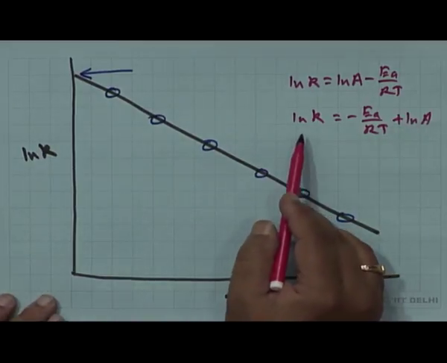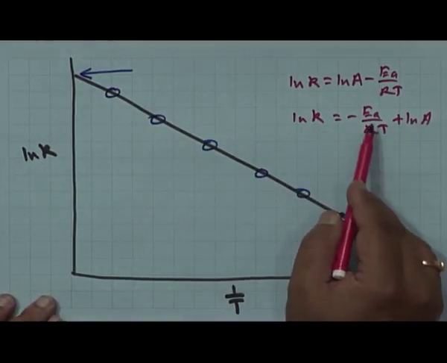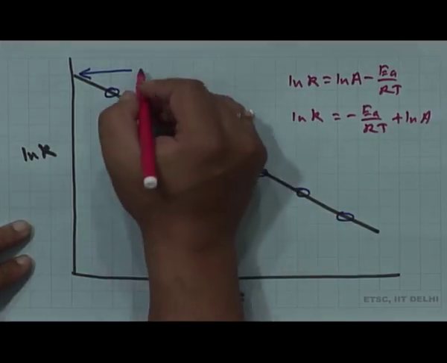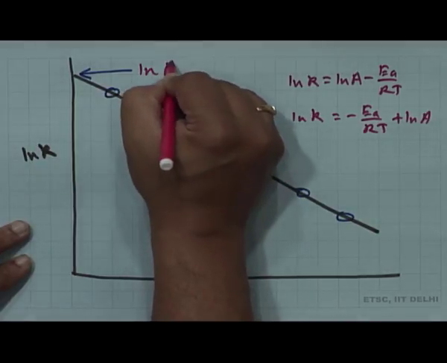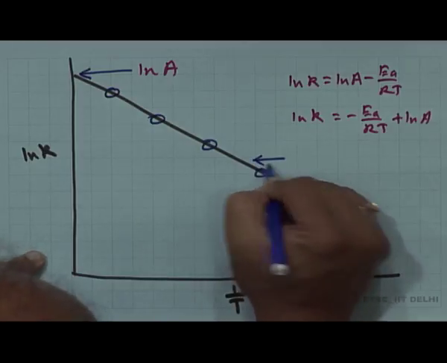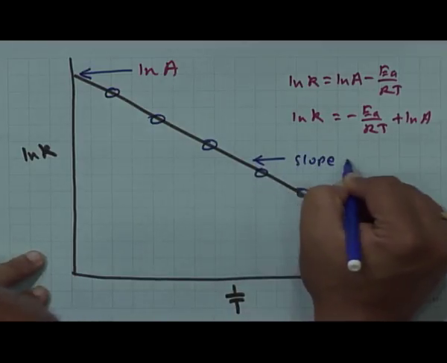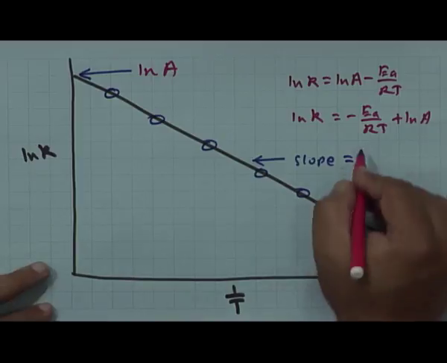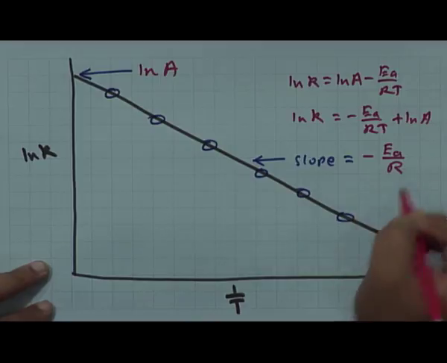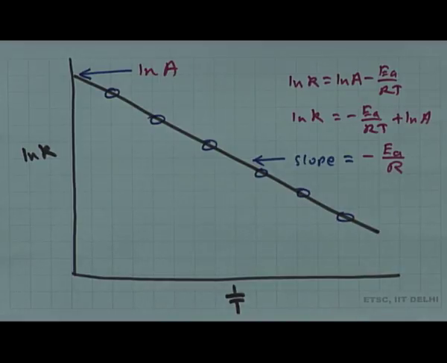And what we are doing is plotting ln k against 1 by T. So, then what is the intercept? The intercept is natural log of A, and what about the slope now? The slope is equal to minus E a over R, right.